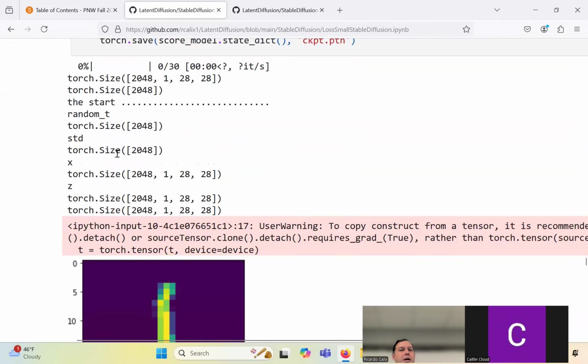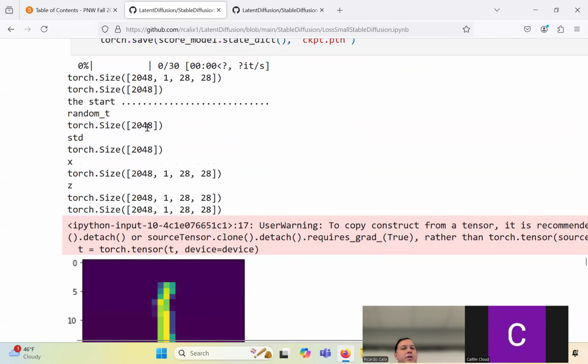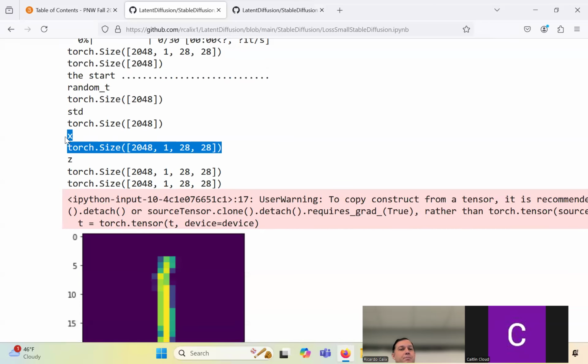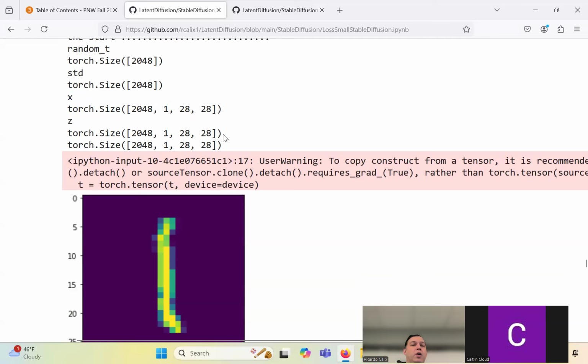All right, so that's basically that one. So one value for each one. The X, as I said, is the images themselves. Z, if you notice, this is important because what is C? The noise, right? C is the noise.